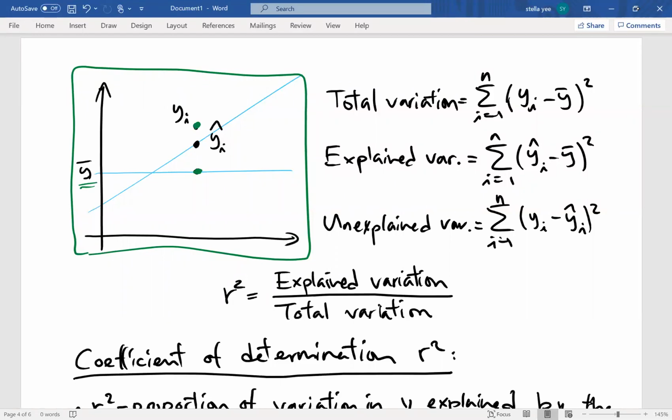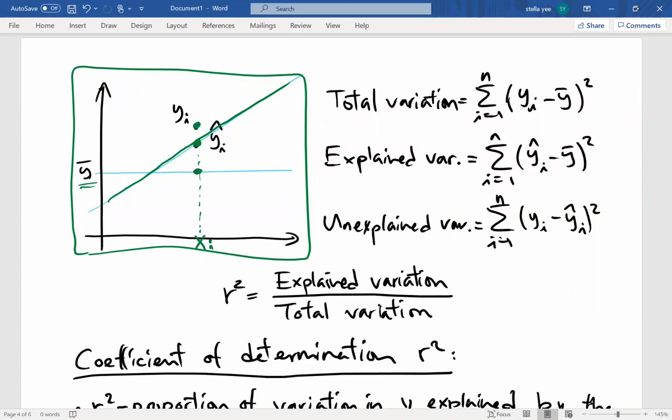But if I'm given a regression line, then I have a better approximation of the y value as long as the x value is given to us.